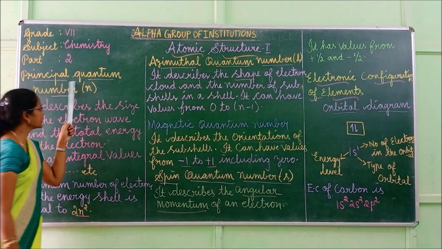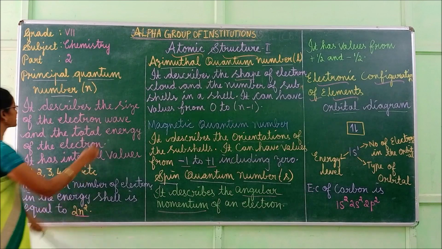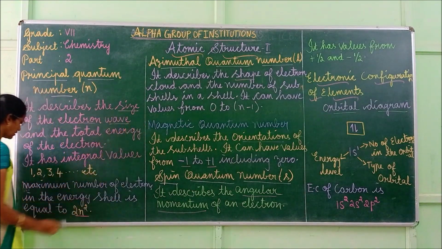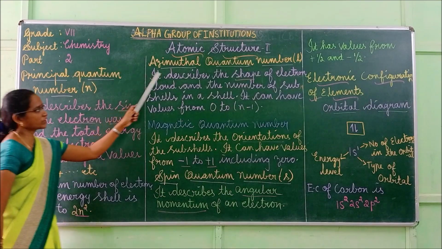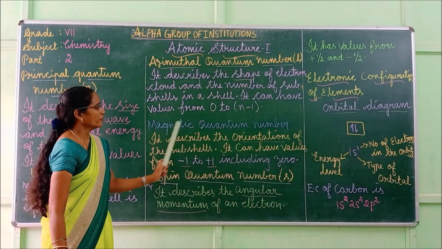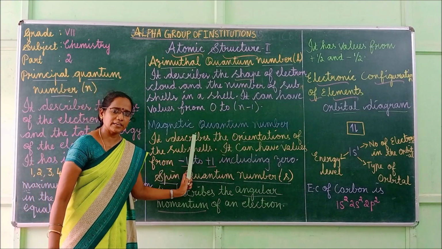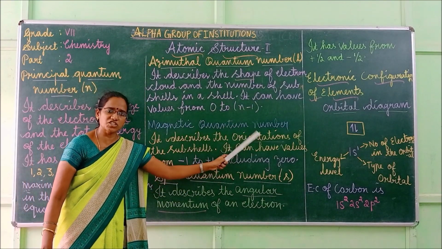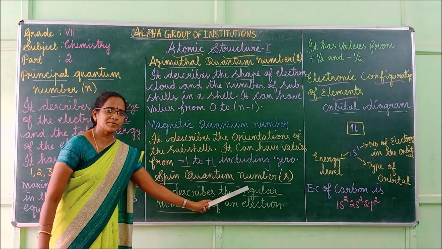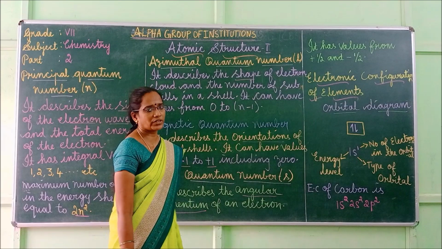So the principal quantum number describes the size of the electron wave, whereas the azimuthal quantum number describes the shape of the electron cloud. The magnetic quantum number describes the orientation, that is the position of the subshells, whereas the spin quantum number describes the angular momentum of the electron.